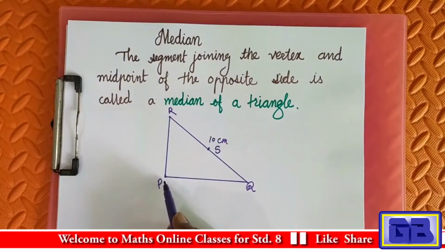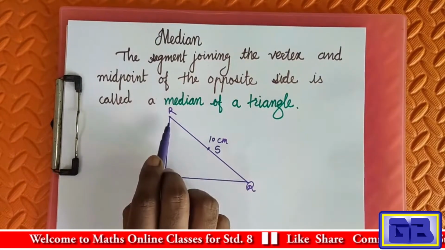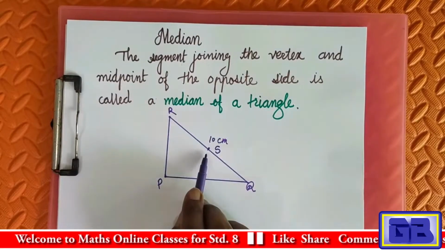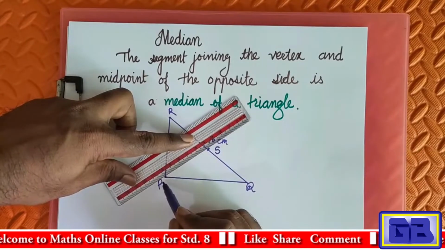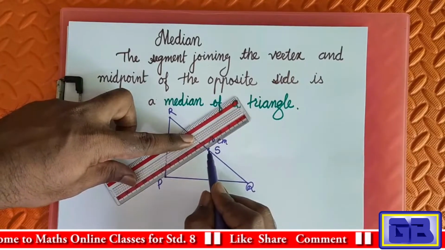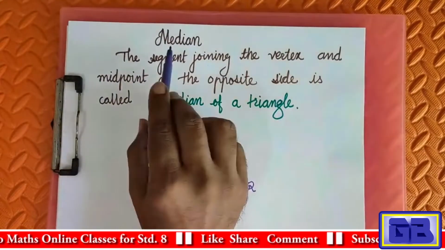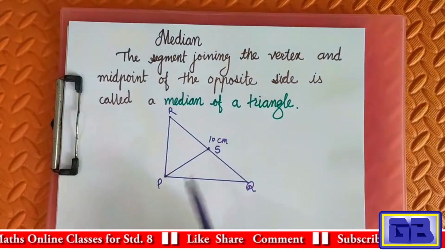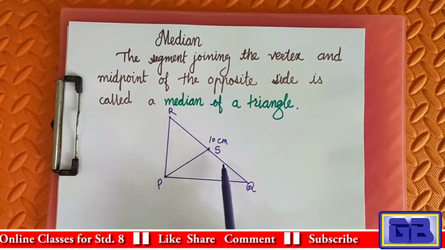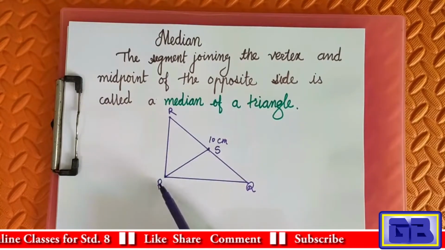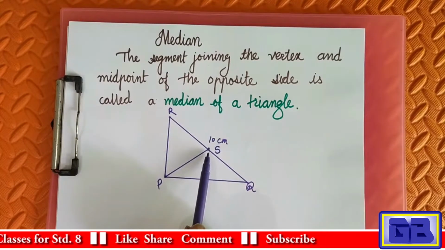This is the vertex P and its opposite side is RQ and midpoint is S. Join these 2 points, point P and point S. This segment is called median: the segment joining the vertex and midpoint of its opposite side. For vertex P, opposite side is RQ and midpoint is S.